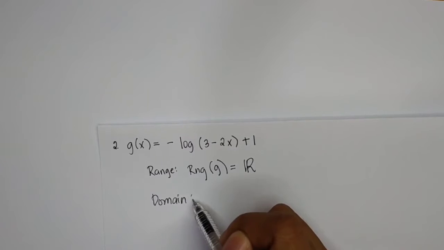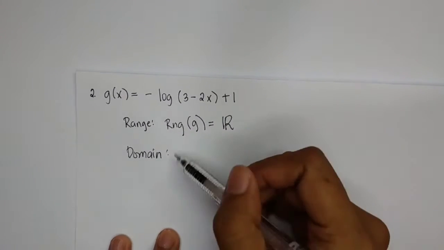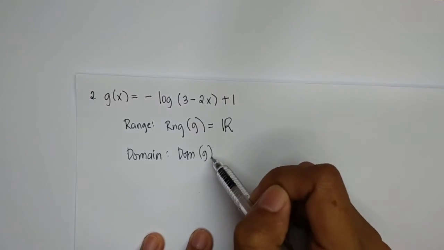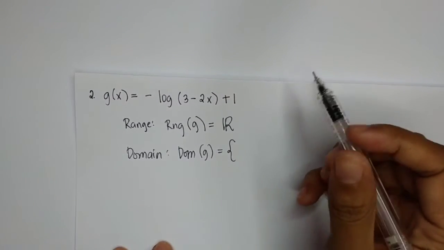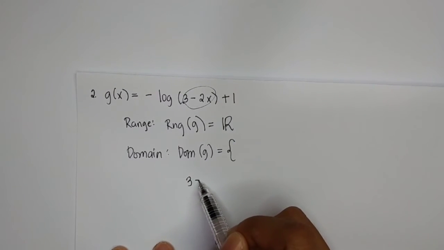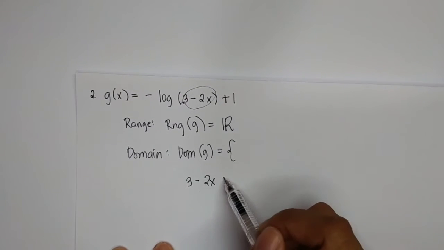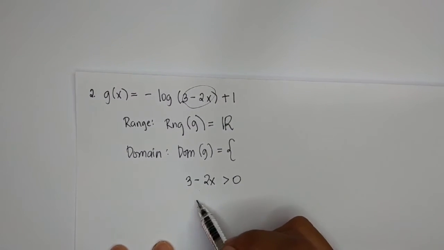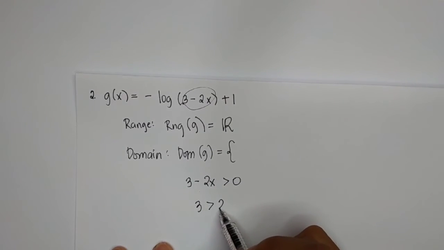Yung domain natin, the domain of g, that is equal to, okay, so solve natin ito. That is our p of x. So, that will be 3 minus 2x is greater than 0. We're going to transpose. That is 3 is greater than 2x.